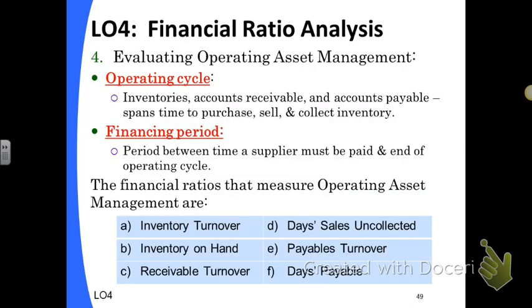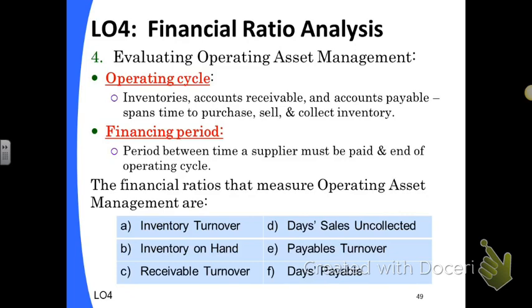Next, we're going to evaluate our operating asset management. And we're looking here at the operating cycle, which consists of our inventories, accounts receivable, and accounts payable, and spans the amount of time to purchase, sell, and collect on our inventory. We're also going to look at the financing period. This is the period of time in which a supplier must be paid, and the end of the operating cycle.